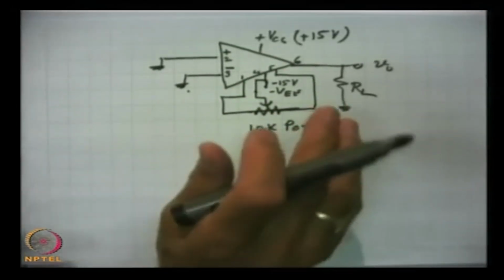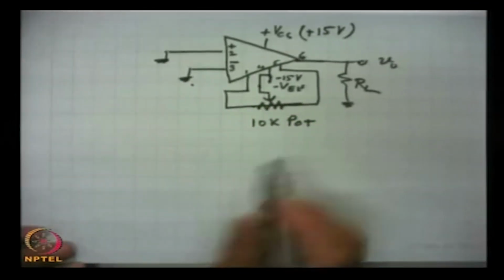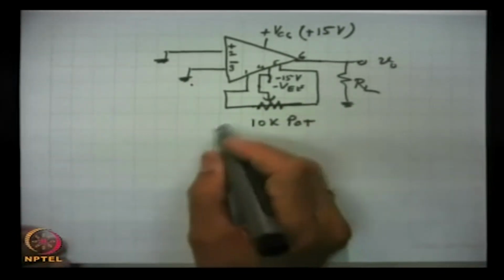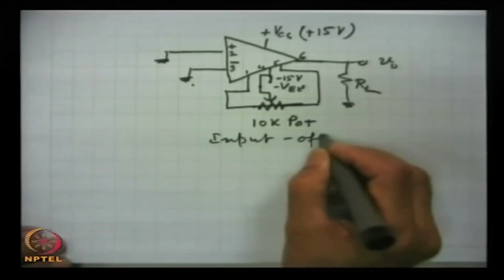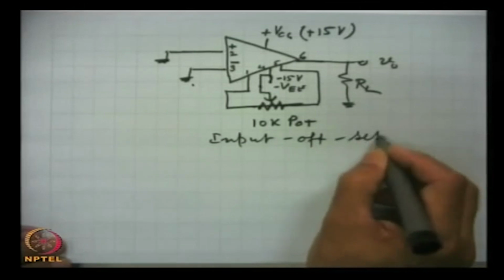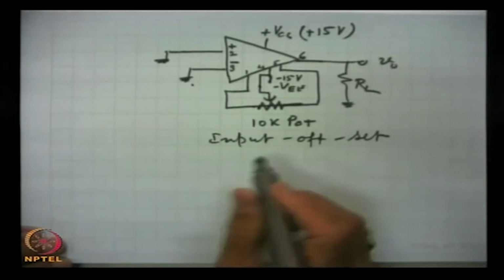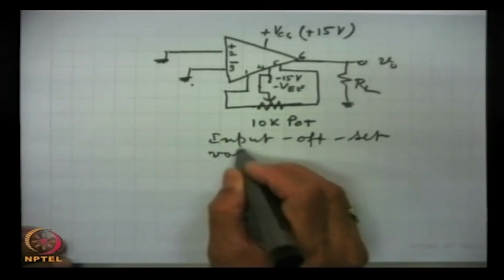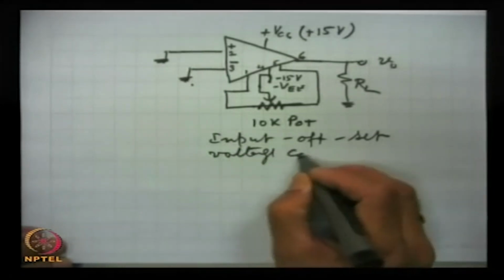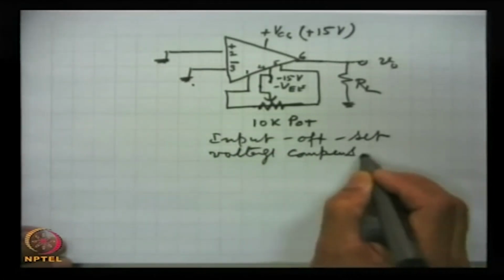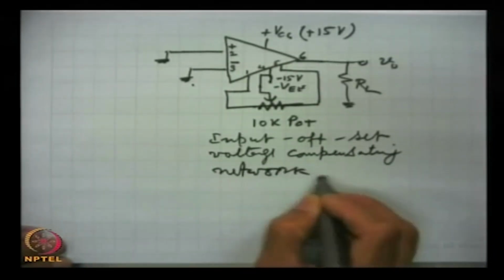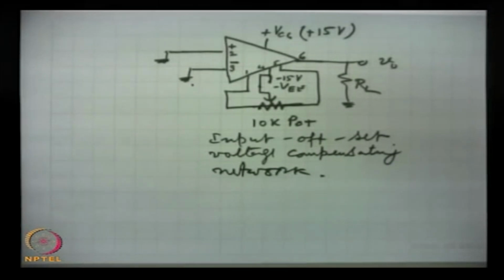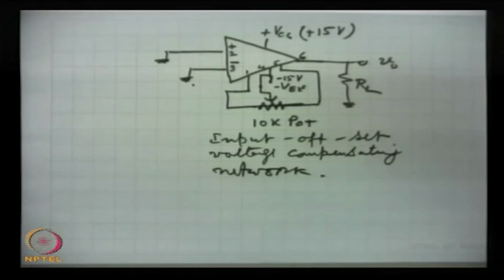So, that takes care, this is called input offset voltage compensating network. It compensates. So, we rotate till we get the output 0, and that is it.